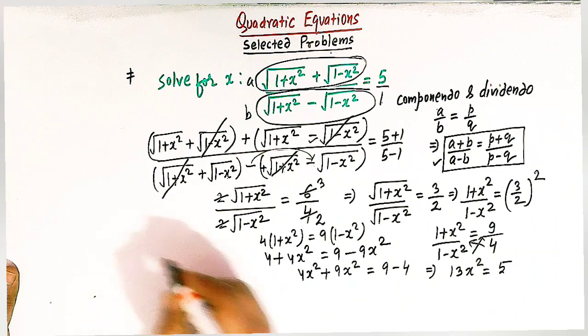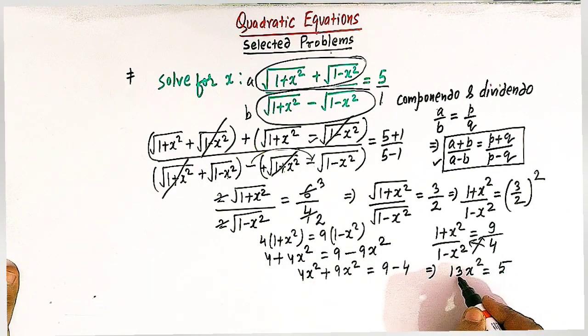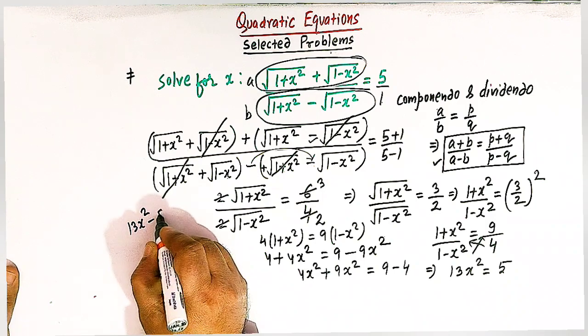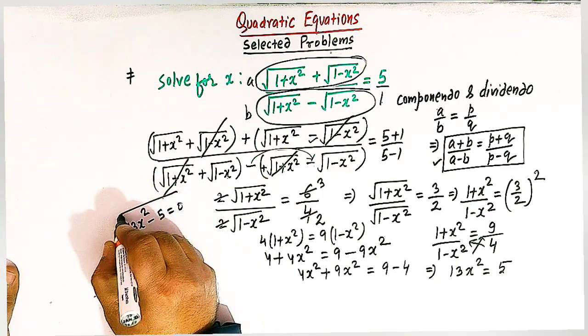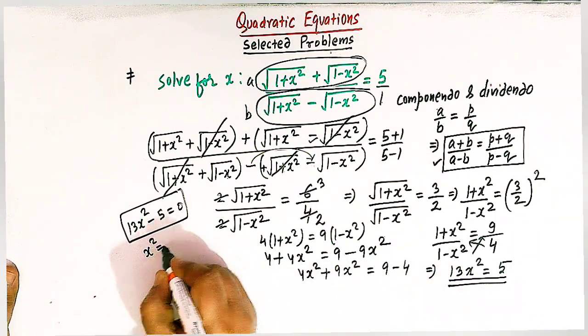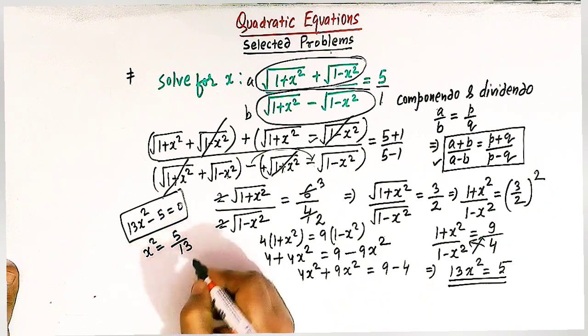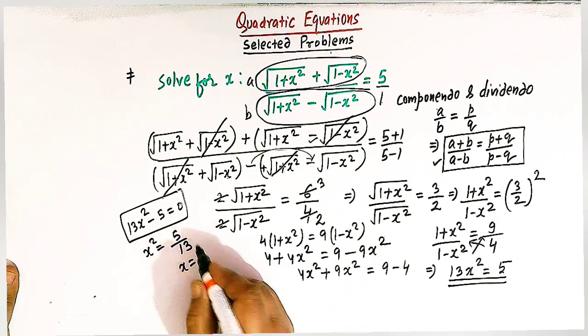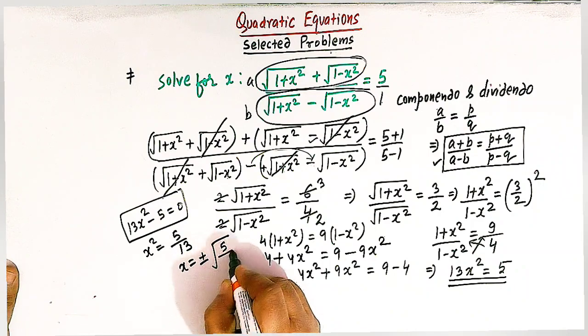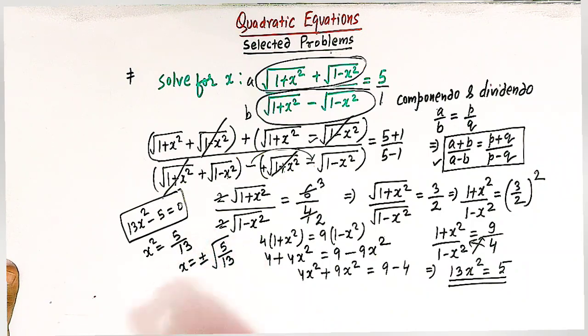Right? So now we have a quadratic equation here, that is 13x square minus 5 is equal to 0. Writing x square as 5 over 13 and taking the square root of both sides, we have plus minus square root of 5 over 13, right?